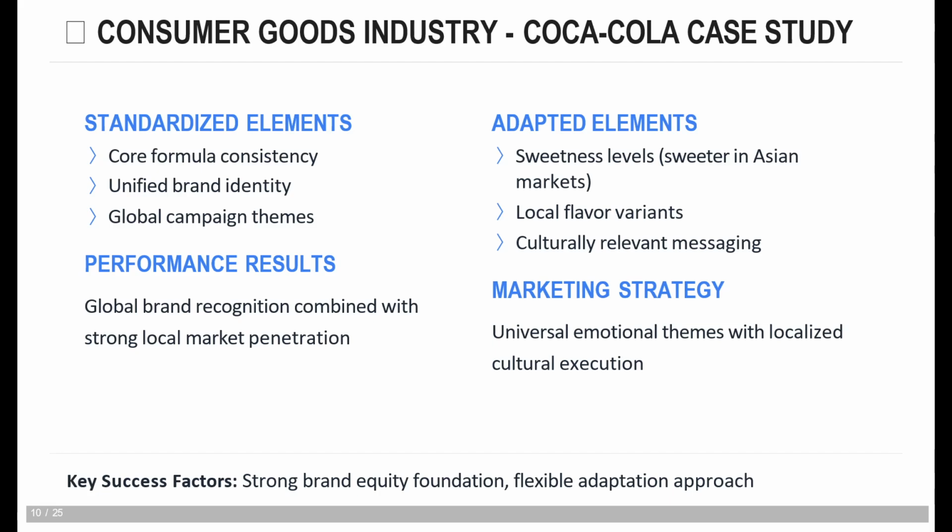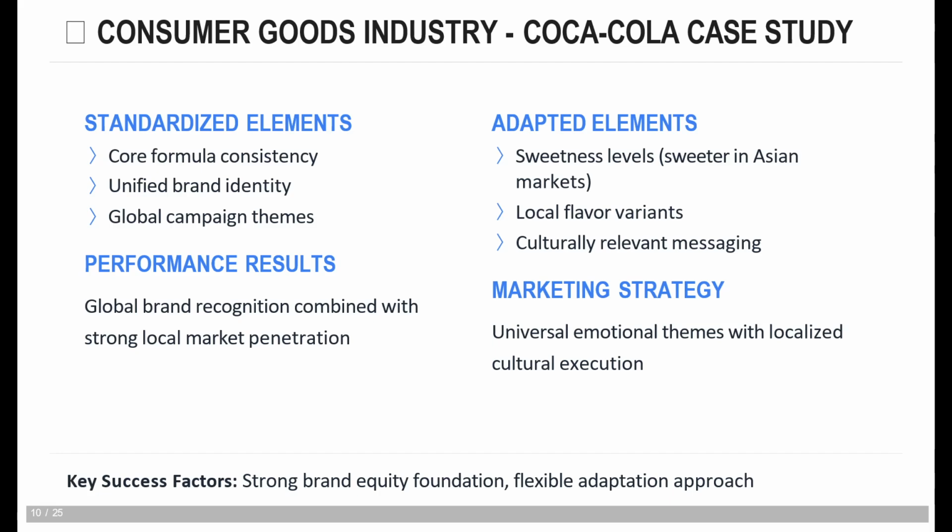Then the marketing messages are tailored to reflect local culture and values. And then we have the marketing strategy. Universal emotional themes are being evoked here. Happiness and togetherness are expressed in ways that resonate locally. And then the performance results.